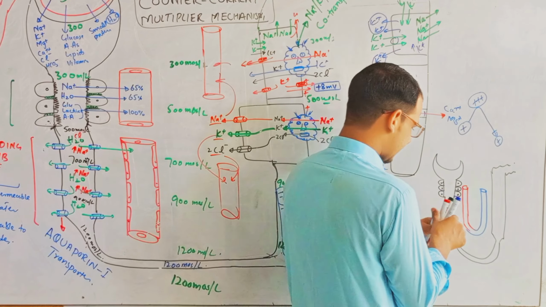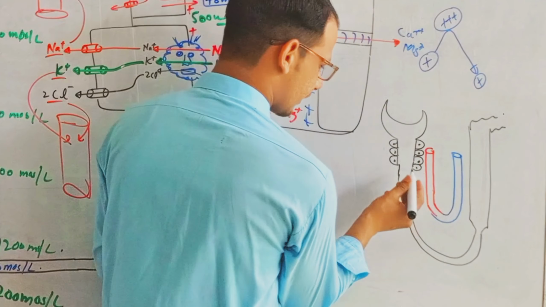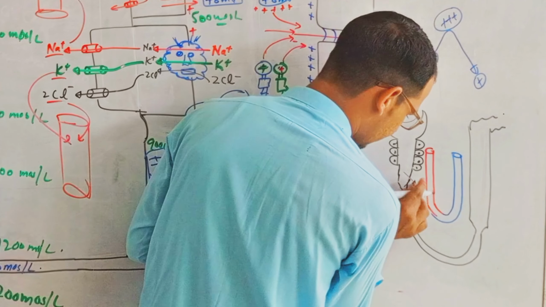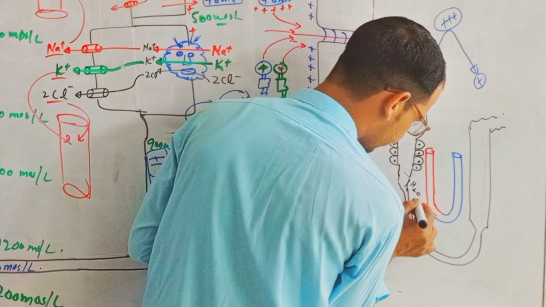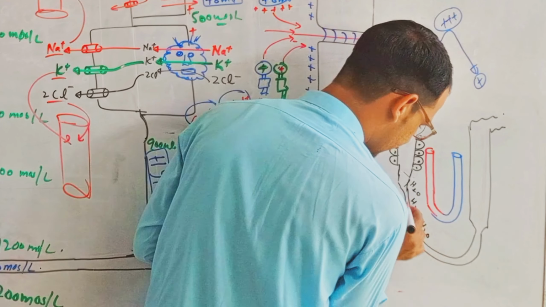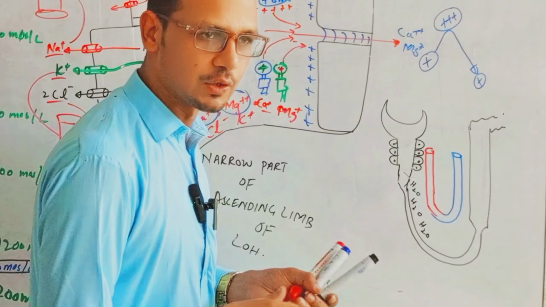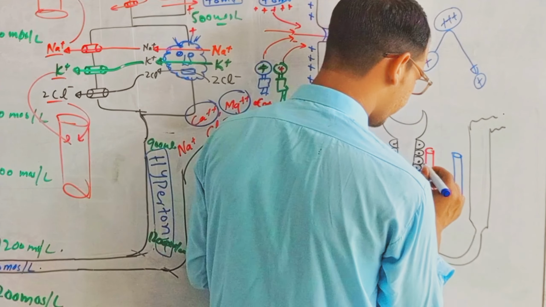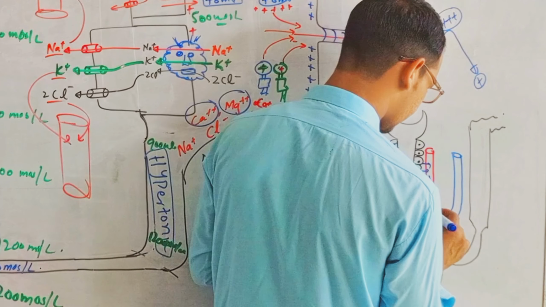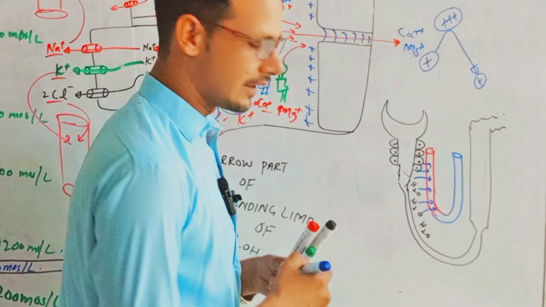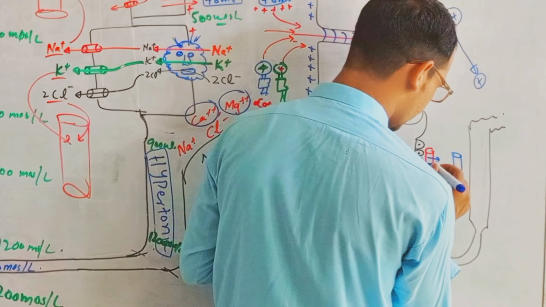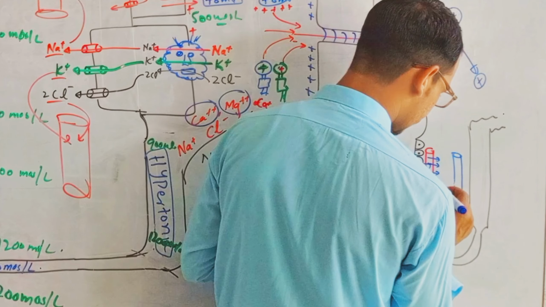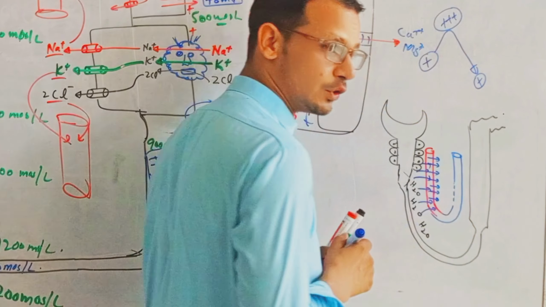So here it takes sodium, and from here water is coming. This is the descending limb of the loop of Henle. This water is taken by the vasa recta, and it gives this water to interstitial fluids.